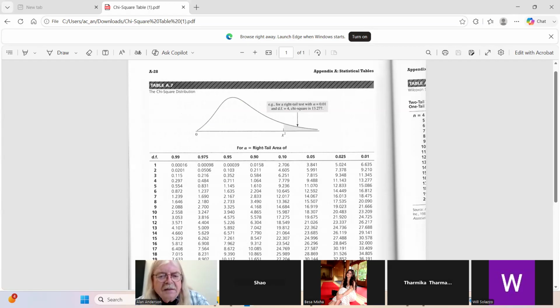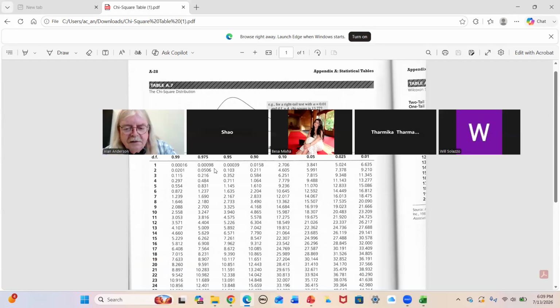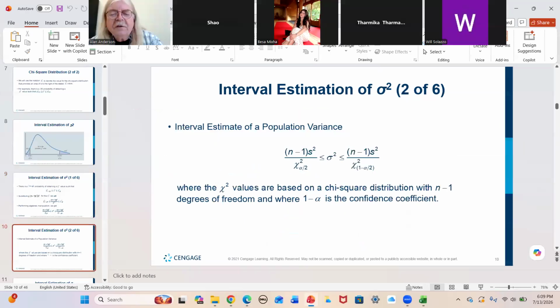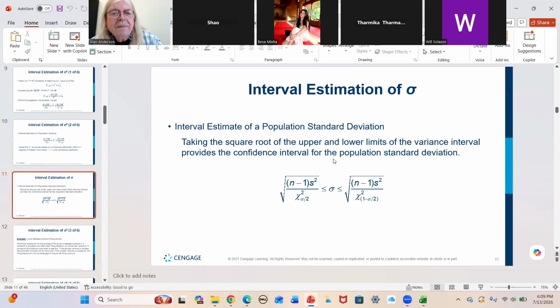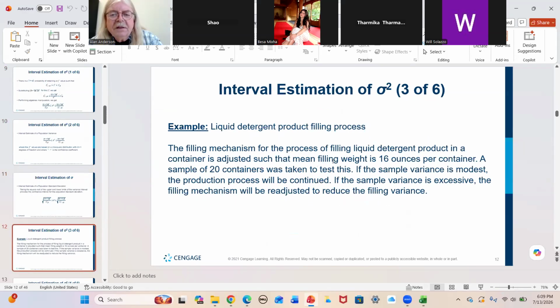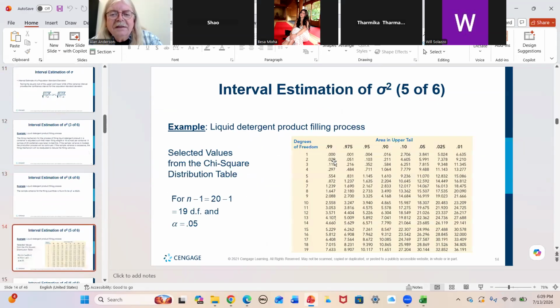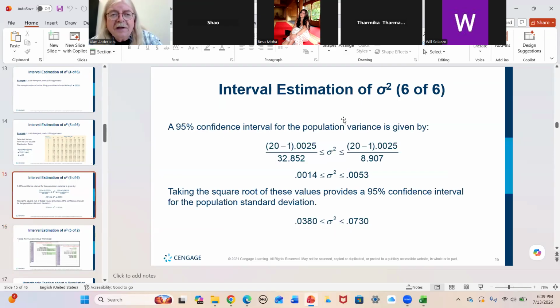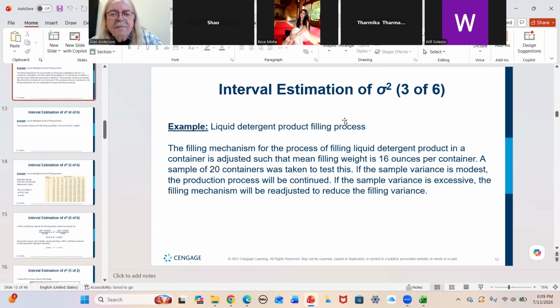All right, let's get back to the slides real fast. We have our confidence intervals for the variance, and then you can take the square roots to get the standard deviation. We did some of that. Here we go, liquid detergent. What we're going to do here is construct the confidence interval for the variance of the contents of these liquid detergent bottles.